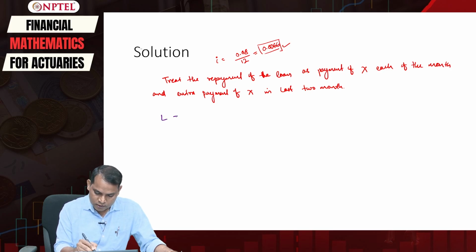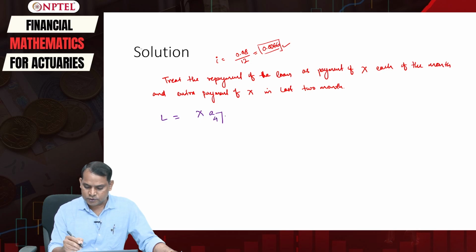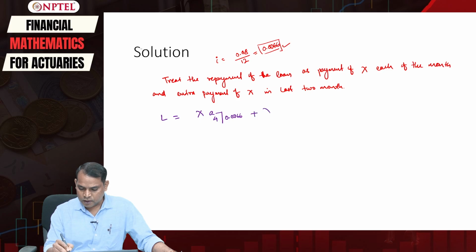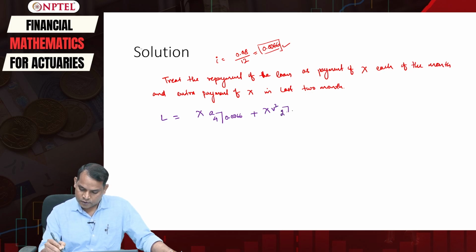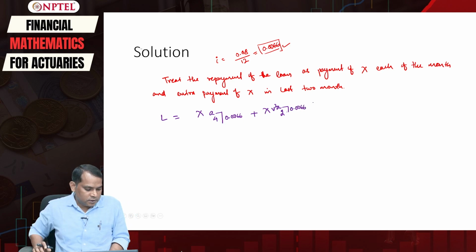We have to set L equal to X times a angle 4, that is n equal to 4, at the interest rate 0.66%, plus X v squared, sorry, I have to write here a angle 2, at the interest rate here.